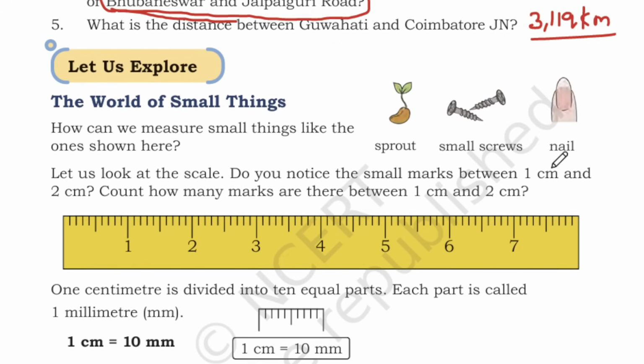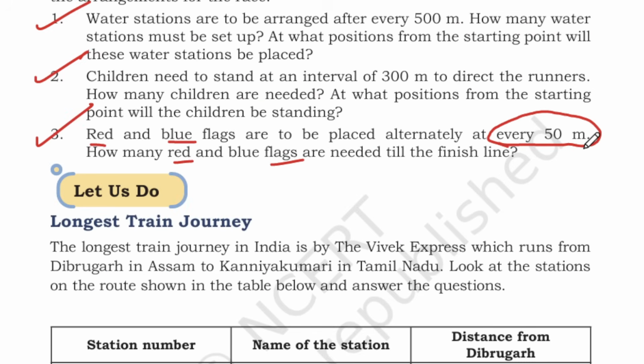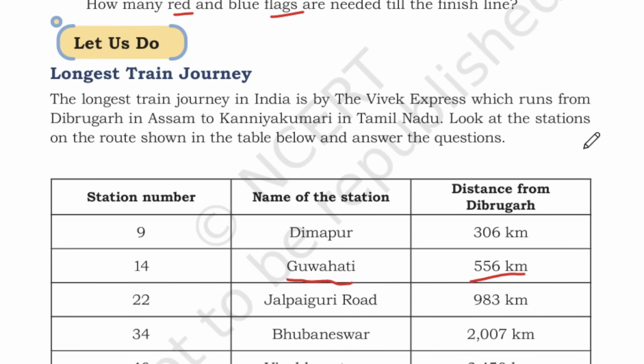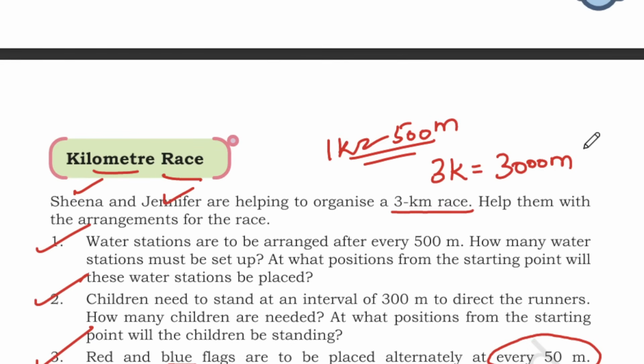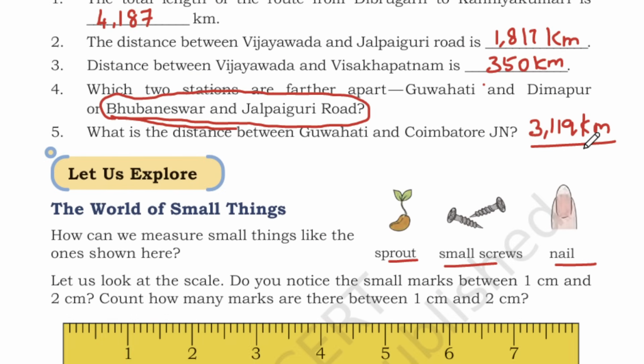Now we are going to measure tiny, small things. How do we measure small things like sprouts, small screws, nails? In these pages we already saw the longest distances and little larger items, but now we are going to measure tiny items.